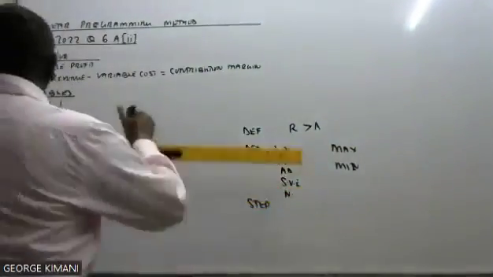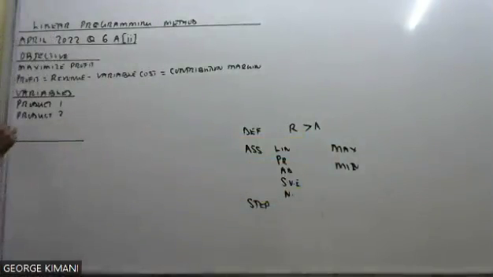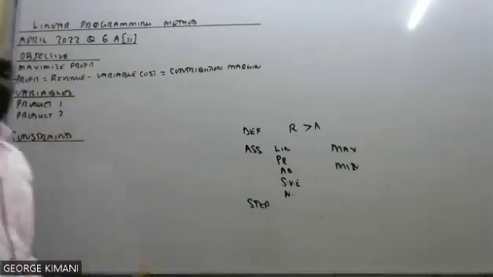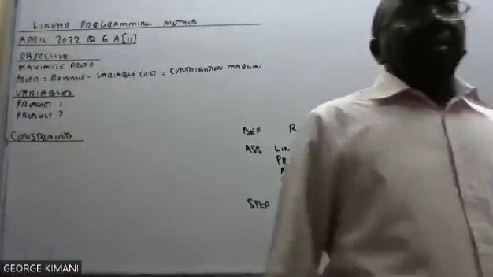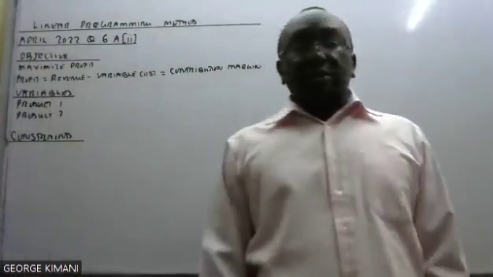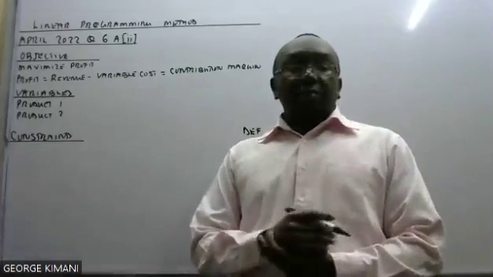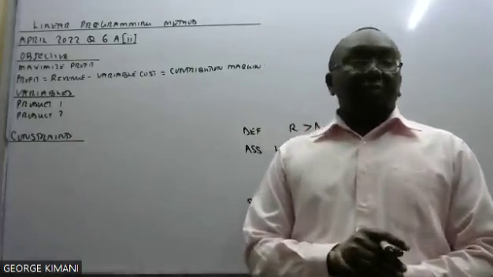The next one is what we call constraints. Step number 3, you identify constraints. Now, constraints are resources that are present in the question. Not every resource qualifies to be a constraint, but a resource qualifies to be a constraint if the maximum quantity available has been provided.